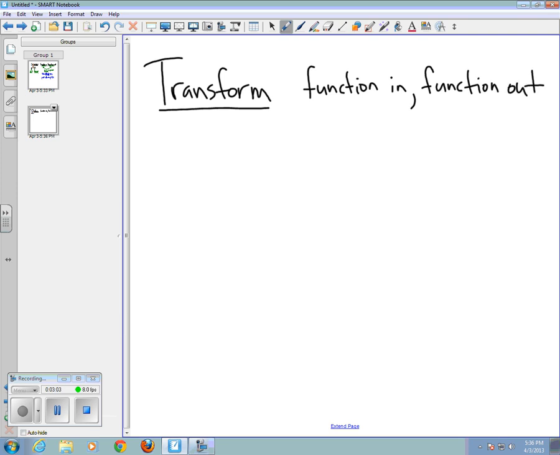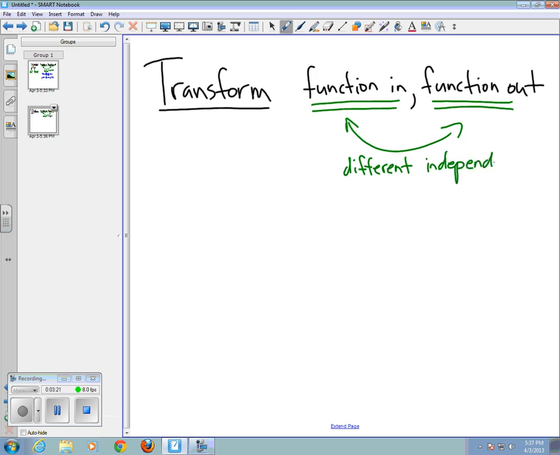But what makes a transform different than an operator is that the function going in and the function going out have different independent variables. So the transform that we're interested in right now, of course, is, as I've mentioned, the Laplace transform.